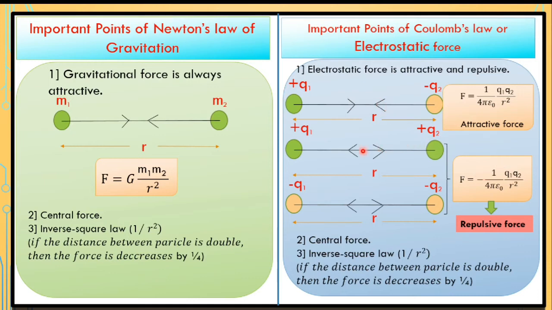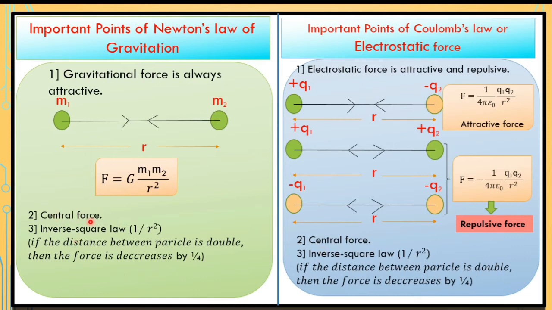Like charges repel each other, so that's why the sign comes here. Because unlike charges attract and like charges repel, the force is 1 upon 4 pi epsilon 0 q1 q2 upon r square. So there is a repulsive force between like charges and an attractive force among unlike charges.